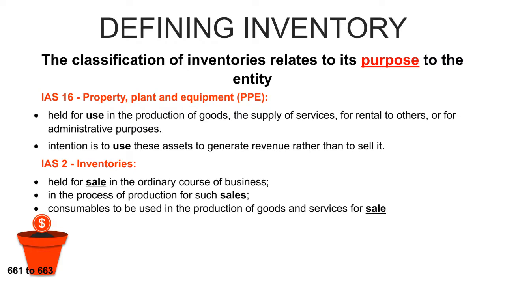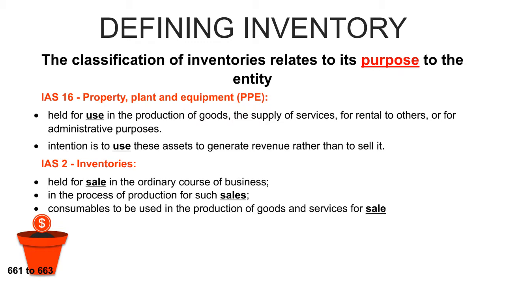It's classified as PPE. And then I don't believe you guys are aware of the next standard that I'm talking about. But what you will see is that when you buy a building with the intention to rent it out, right? There's a standard that governs that, and that standard is called IAS 40, investment property, right?